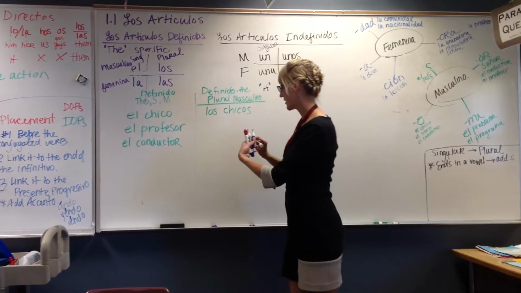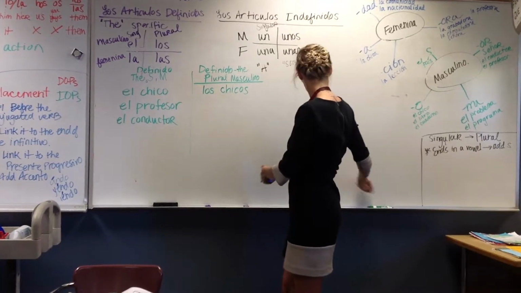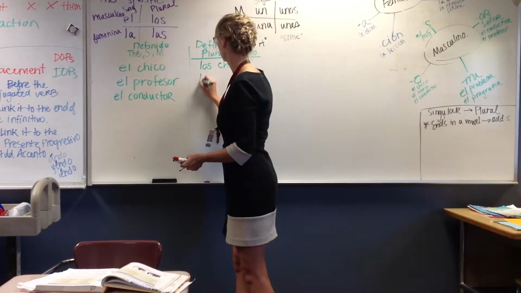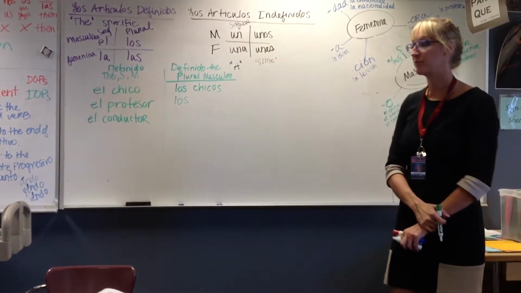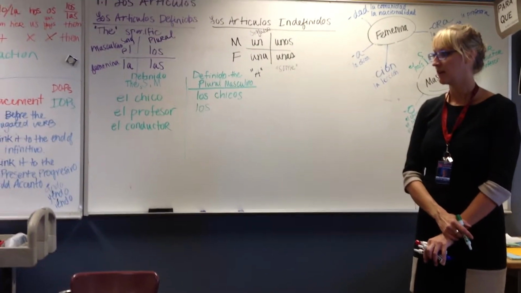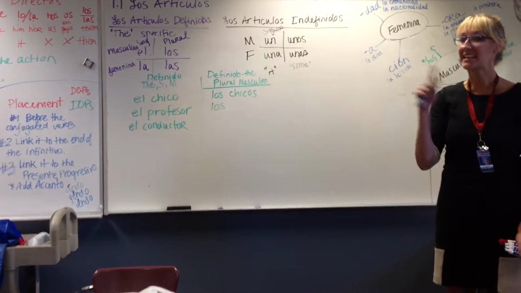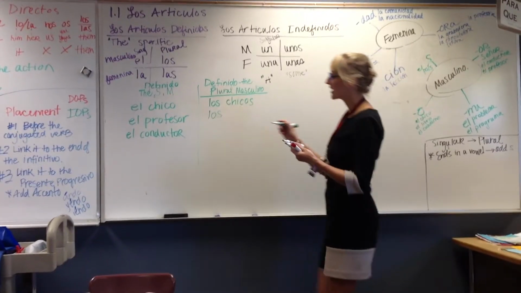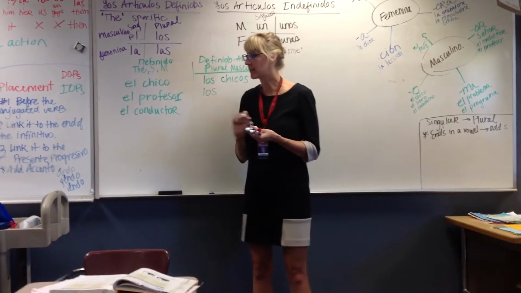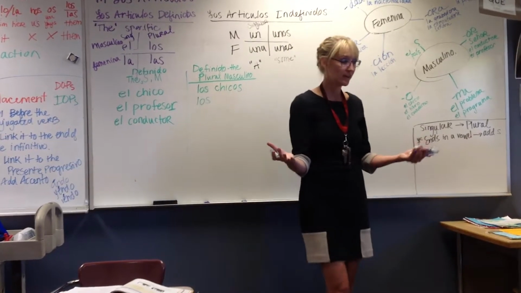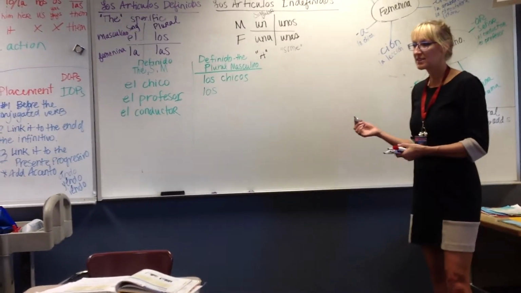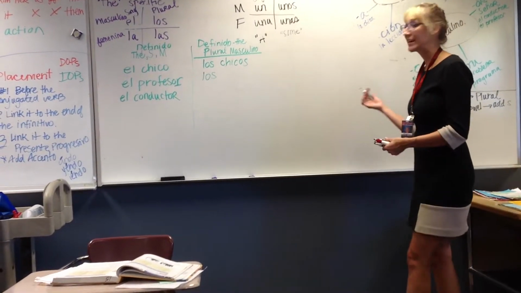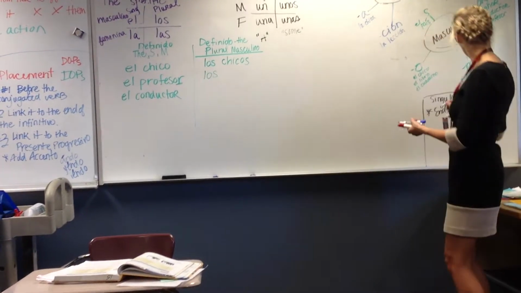Los. So we're going to start with los. Now, what do I need to do to profesor to make it professors? You're going to add an es. So if it ends in a consonant, like profesor does, which is any letter besides a vowel, right? A consonant means any letter besides a vowel. You're going to add es. So I'll put that in over here.